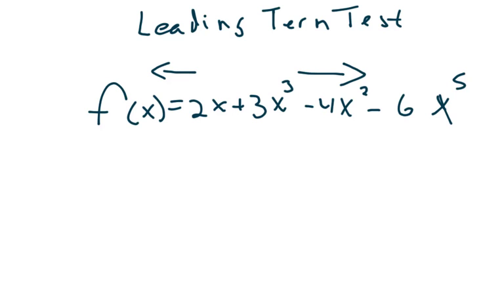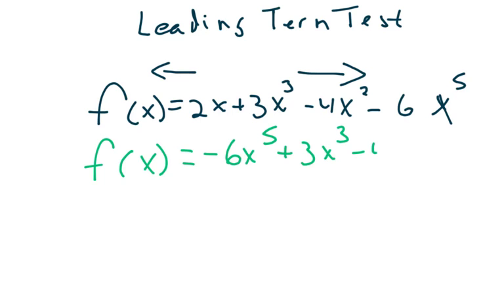If you'd like, you can actually rewrite this function as f of x equals negative 6x to the fifth plus 3x cubed minus 4x squared plus 2x. If you want to rewrite it so that all of our exponents are going down, that's a great choice.